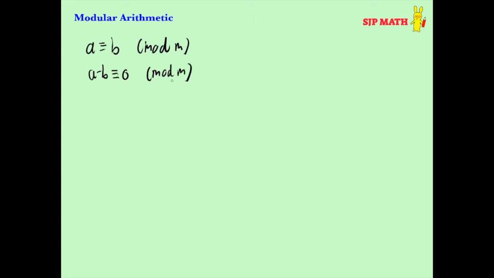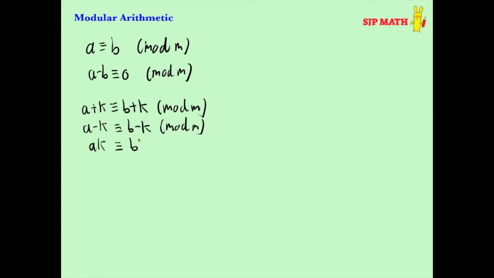And we also learned that you can multiply, add, and subtract integers on both sides of a modular equation. So if that is true, then a plus k is congruent to b plus k mod m, and a minus k is congruent to b minus k mod m, and a times k is congruent to b times k mod m.